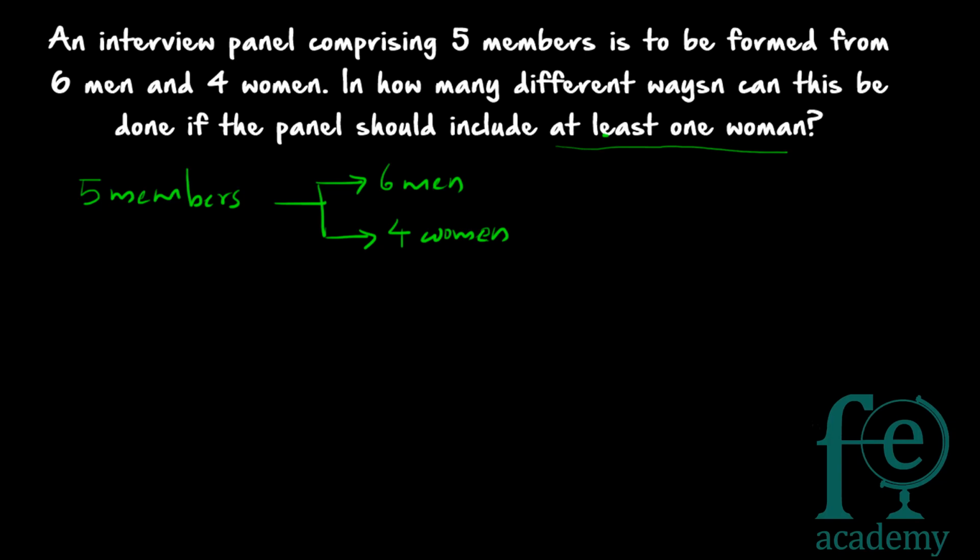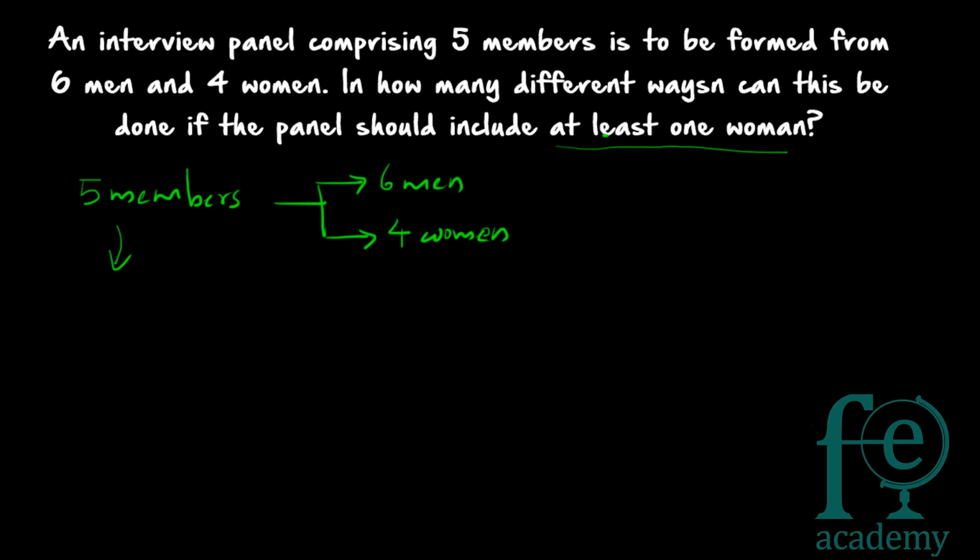So when the question comes like this, at least 1 woman, what you have to do is that you should find out in how many different ways 5 members can be selected from 10 members without any condition. You are just selecting 5 members from 10 members. So it will be giving you the total number of ways in which the interview panel can be formed. The second case is you have to find out there is no woman selected.